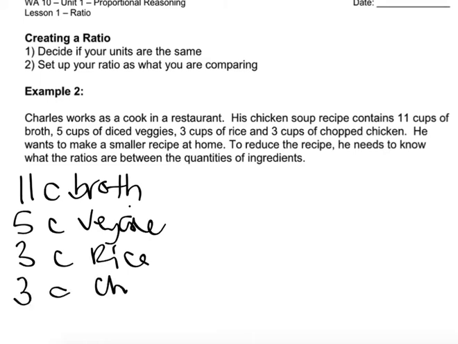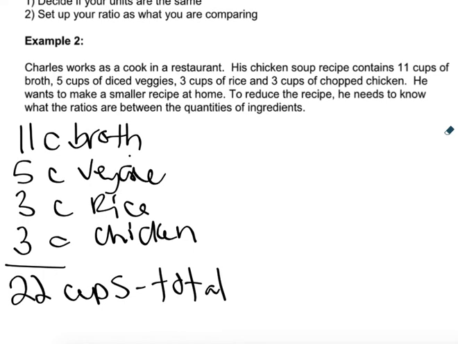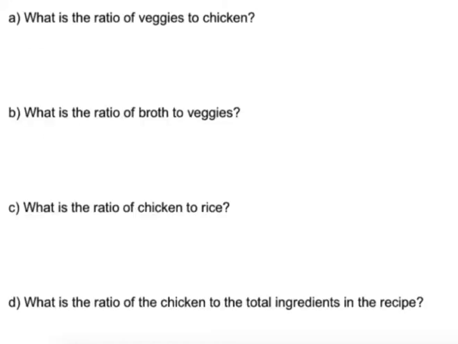Now, if I add those all together, I get a total of 22 cups. That's my total. So now that we know what our total is, we can figure out a couple different ratios. So just remember your total is 22 cups.